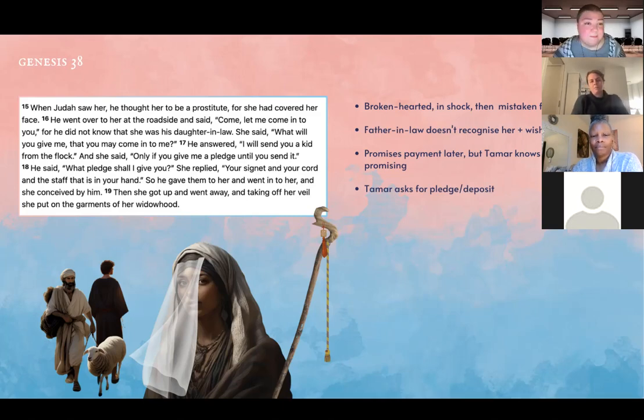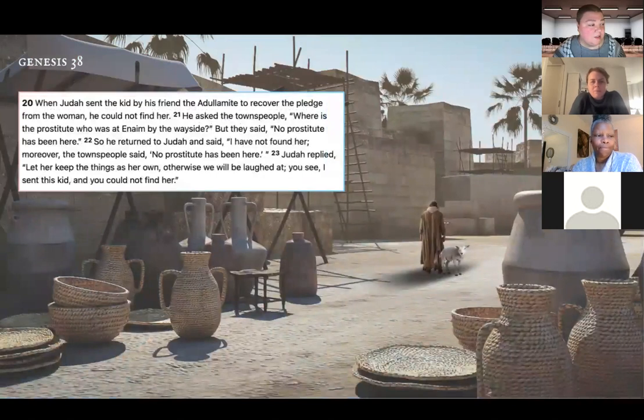Verse 20. When Judah sent the kid by his friend the Adullamite to recover the pledge from the woman, he could not find her. He asked the townspeople, "Where is the prostitute who was at Enaim by the wayside?" But they said, "No prostitute has been here." So he returned to Judah and said, "I have not found her.